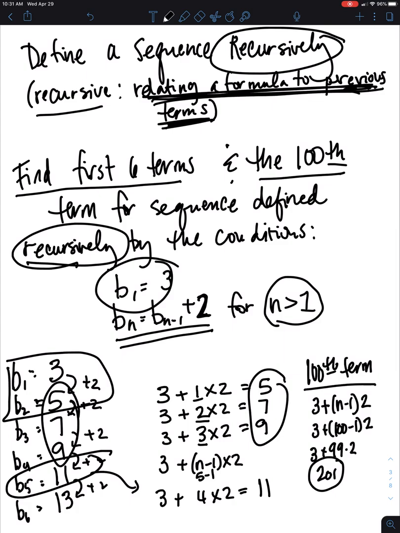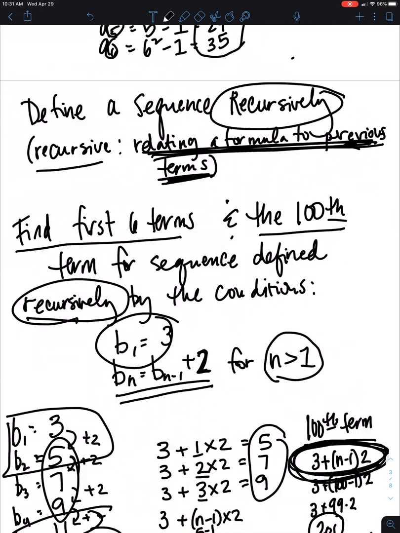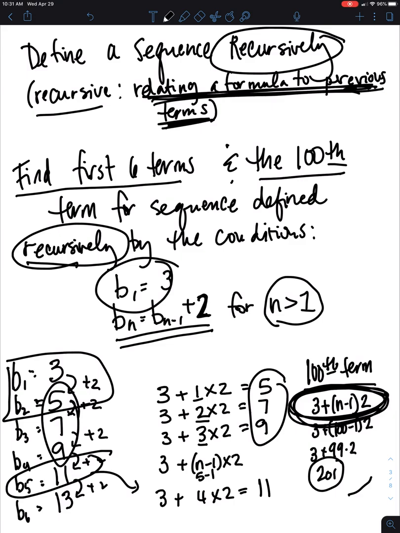Now, I'm going to tell you, this is going to lead us to an equation right here. You will be using this equation coming up in a minute to find the nth term. So when it's not as straightforward as just plugging in the term number, then you are going to use the formula to find the nth term, which is what we're about to do.